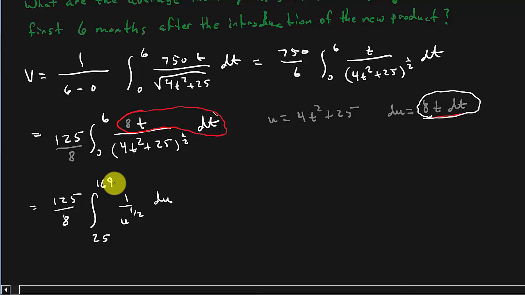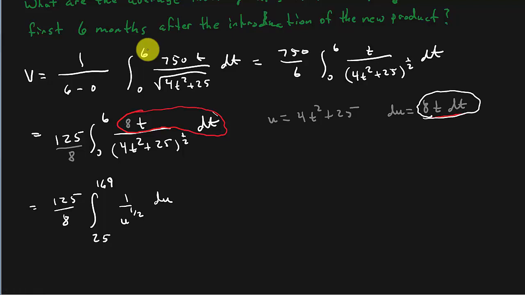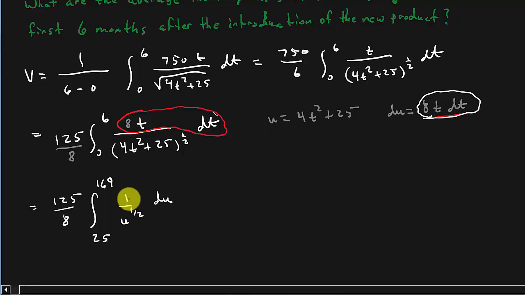You should know how I got that, but in case you don't, let me explain. Our initial problem is in terms of t, and the bounds on my integral are t values. We changed our variable to u, so now the bounds need to be u values.